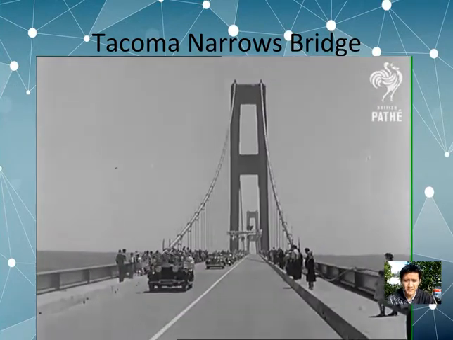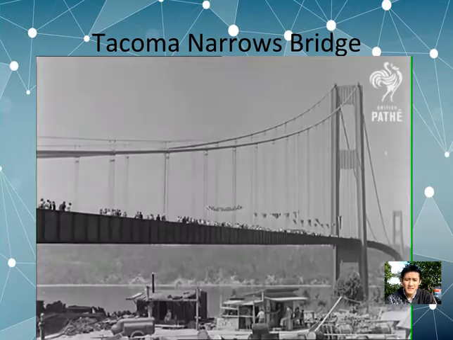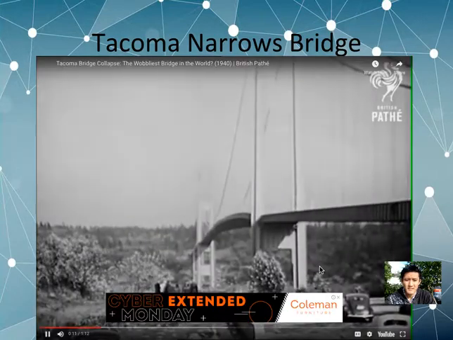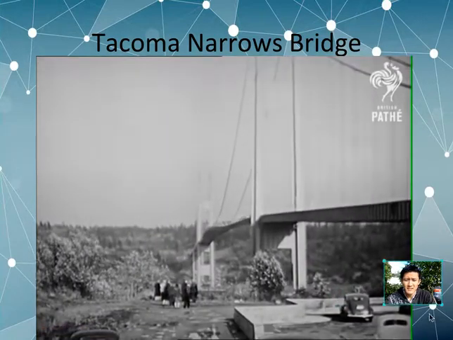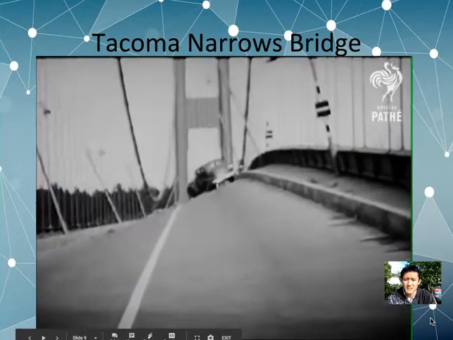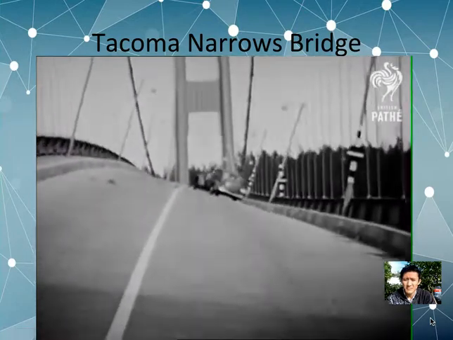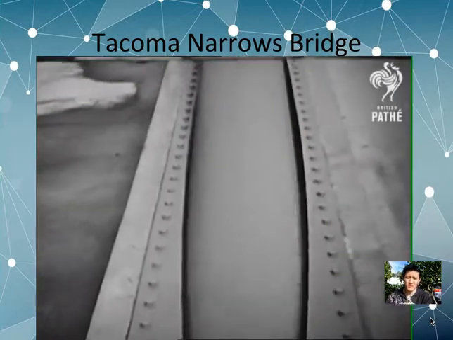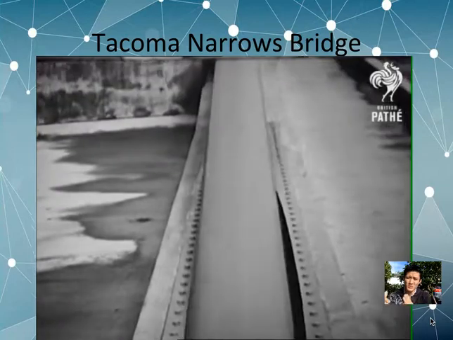Tacoma Bridge, Washington, opened only a few months ago, was built at a cost of over $6 million. But misfortune overtakes the great structure. These are some of the most amazing pictures ever recorded by a newsreel. The actual collapse of the world's 3rd largest suspension bridge.